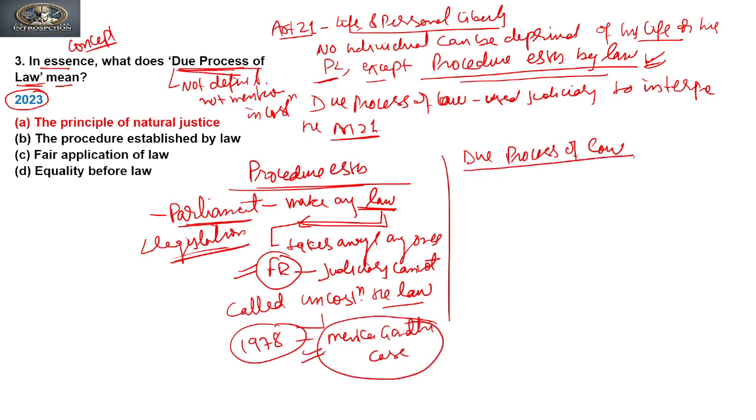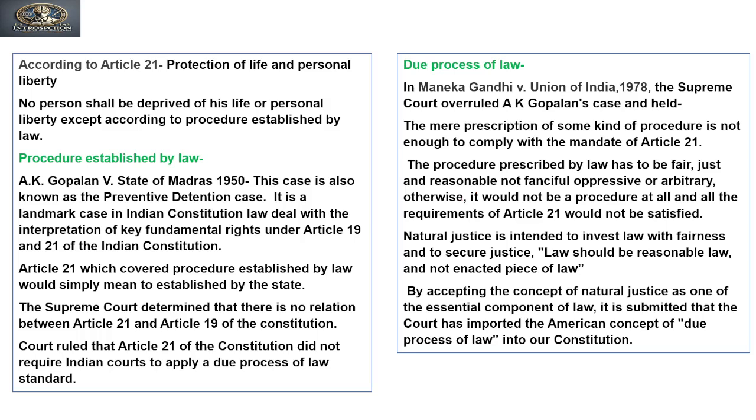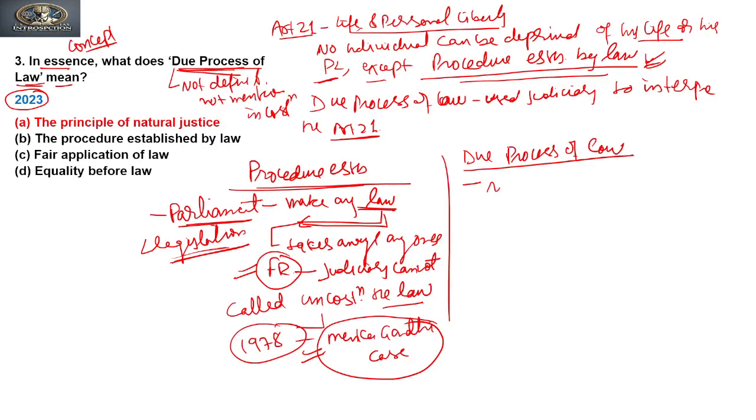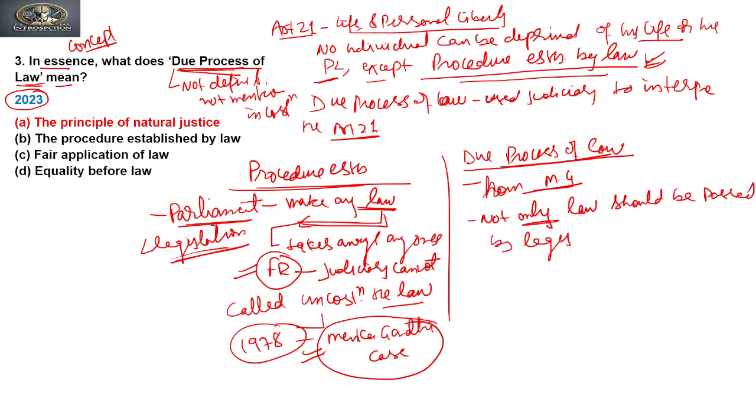Now this due process of law came into the picture from the Menka Gandhi case, in which the judiciary said that not only should the law be passed by the concerned legislature, but also the implication of the law should be just and fair.